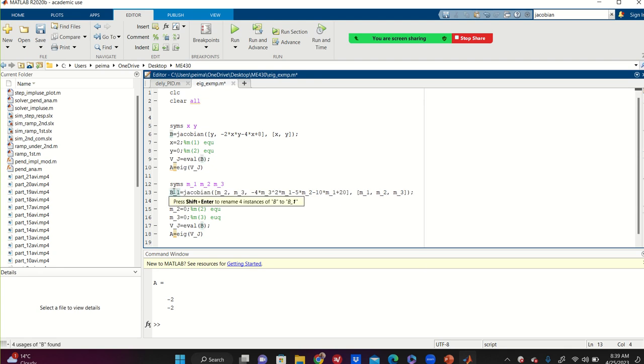Do not confuse it with the above. And now J1 is going to be the Jacobian at equilibrium B1. And A1, I'm going to say, is the eigenvalues of this first order system. Here we go. Everybody understand?